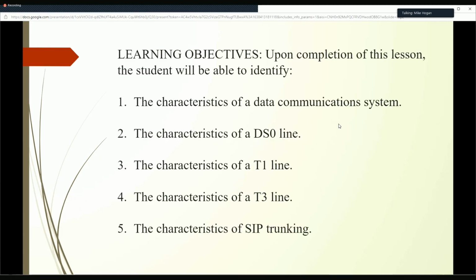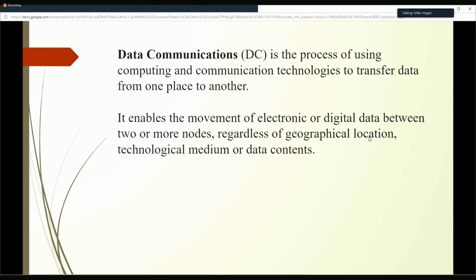So let's talk about data communications, and specifically let's take a look at characteristics of data communication. We'll start off talking about communication in general, and then look at this notion of a DS0, a T1, a T3. Probably things that you guys are very familiar with and very comfortable with anyway, right?